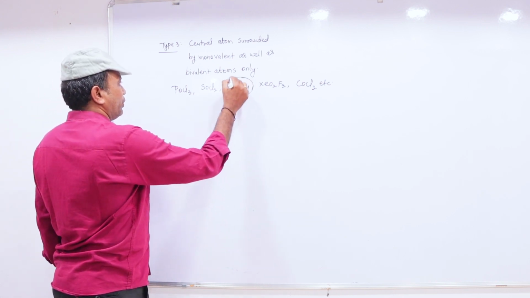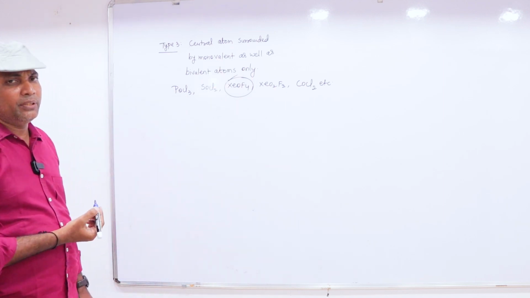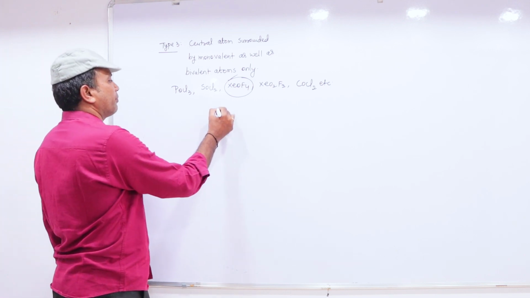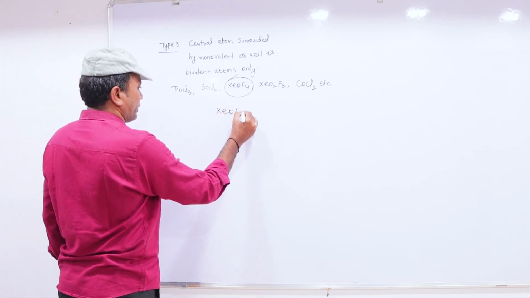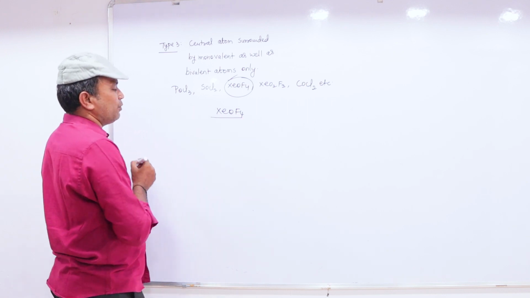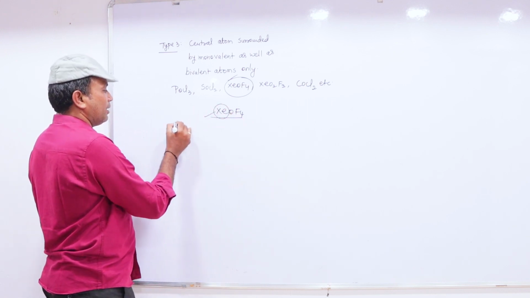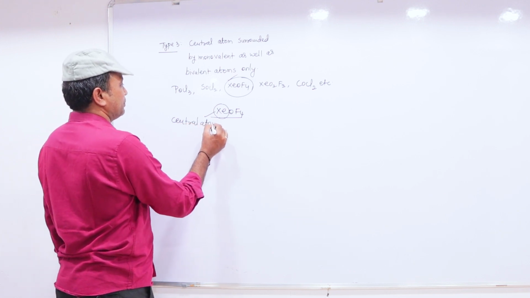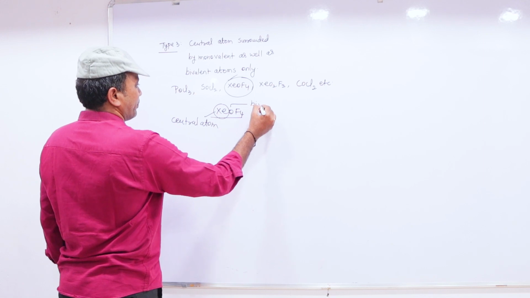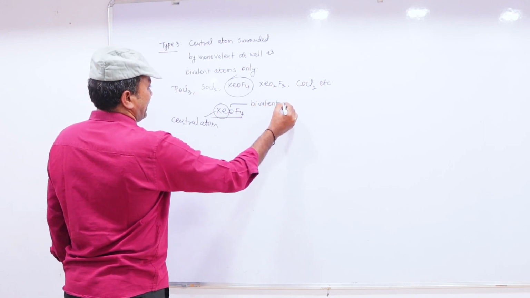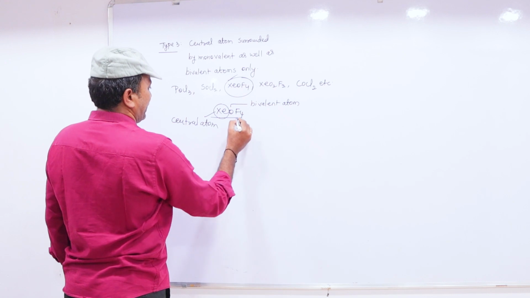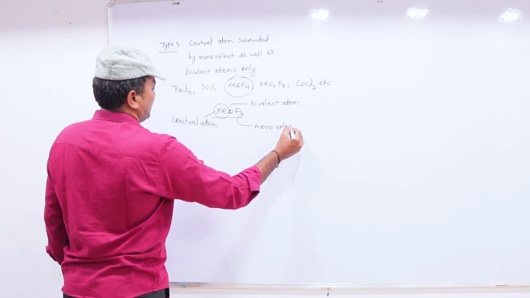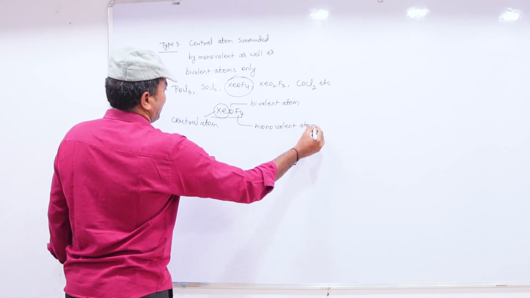We find hybridization, bond pairs, lone pairs and everything for the example XeOF4. In XeOF4, xenon is the central atom, O is a bivalent atom, and F is a monovalent atom.